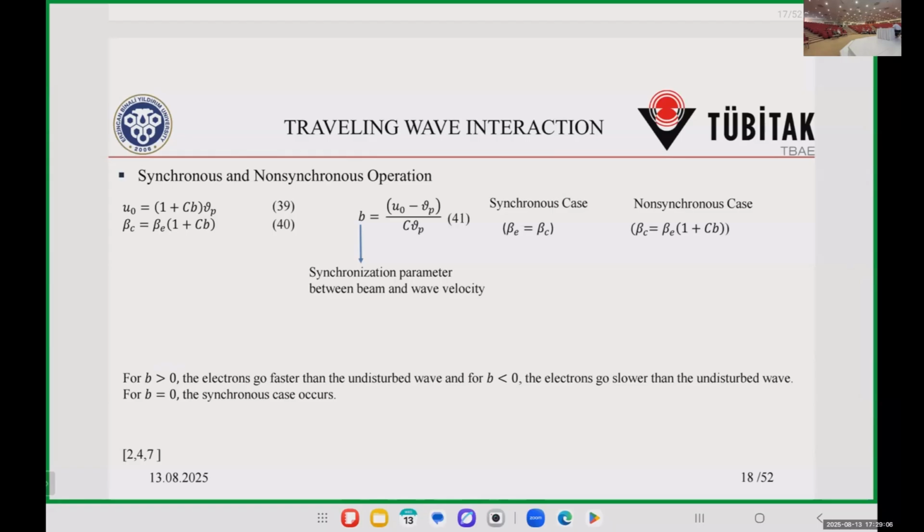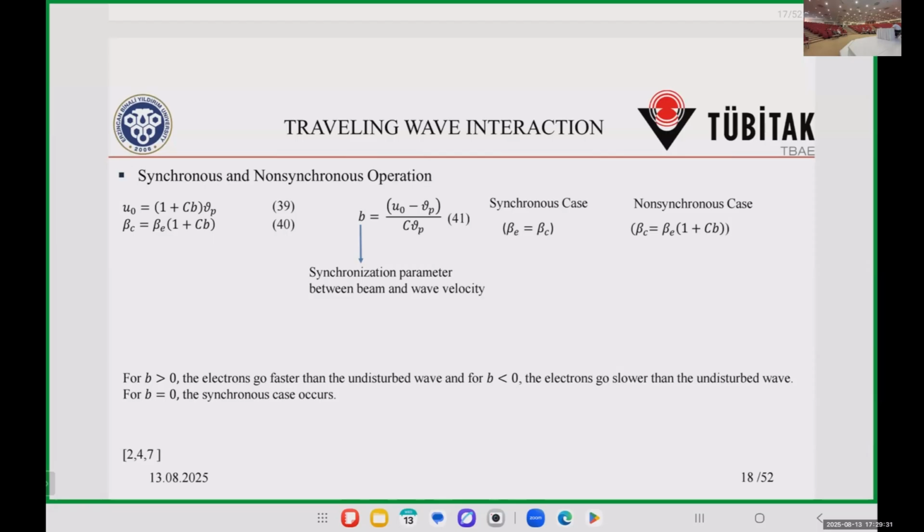Undisturbed wave means the phase velocity of electron. And for B less than 0, the electrons go slower than the undisturbed wave. For B equals 0, the synchronous case occurs here.